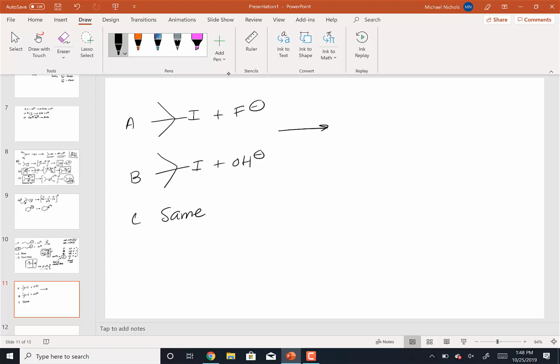Whenever you're ready to vote, you can put your card up. Everybody ready to give their answer?